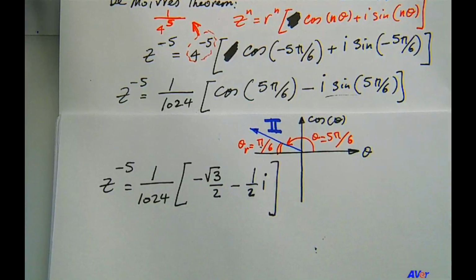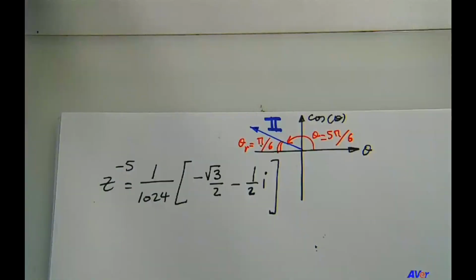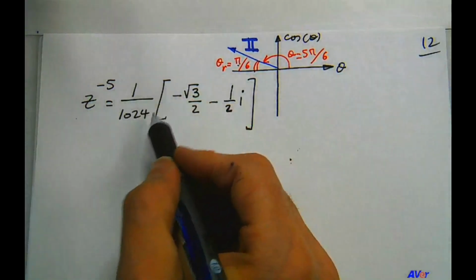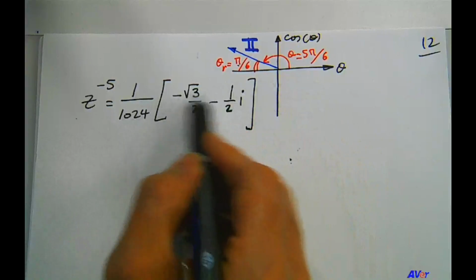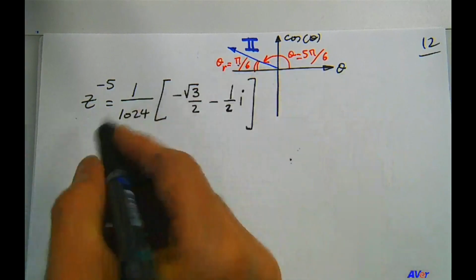Okay, so let's simplify this and distribute as much as we can. The terms in the brackets have a factor of 1/2, so let's factor it out.